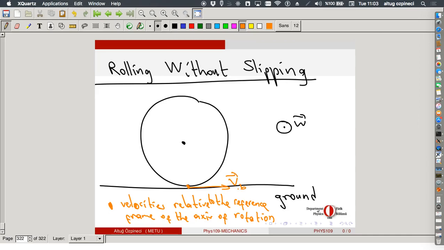Let's call it VB. What is the velocity of the top point? This top point? It's in that sense.